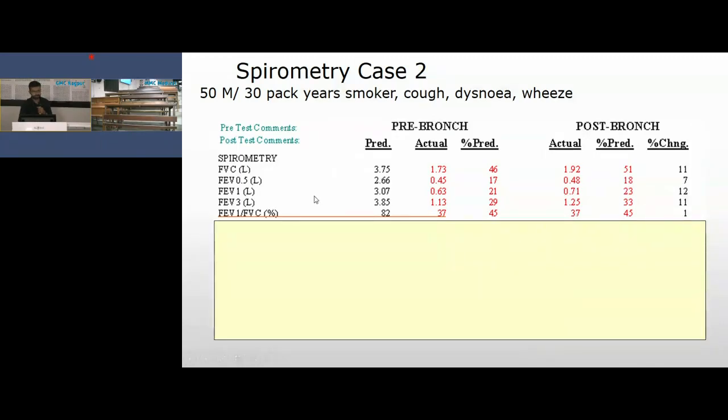Then look for FVC. FVC is also low, and FEV1 is less than 80%. In this case, it is 23% of predicted. So it indicates very severe obstruction with no reversibility. Post-bronchodilation changes are less than 12%, only 11%. So probably the patient has very severe obstruction, likely COPD.